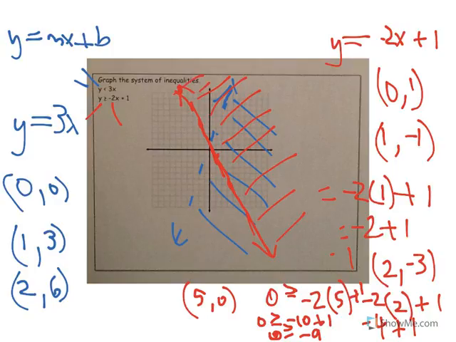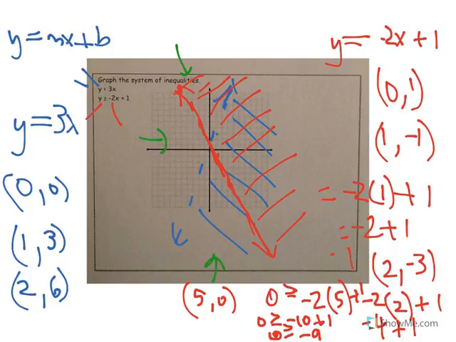And if you notice, there are certain parts that are not solutions and there are certain parts that are solutions. So like right here, that's a solution for the blue line, but it's not a solution for the red line. Up here, that's a solution for the red line, but not a solution for the blue line.